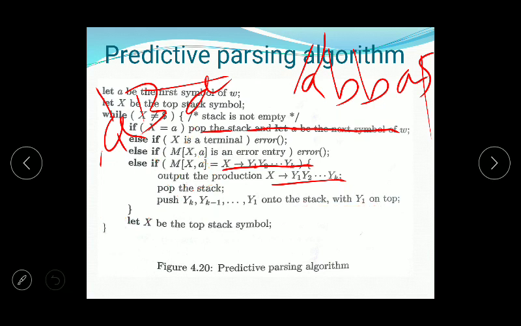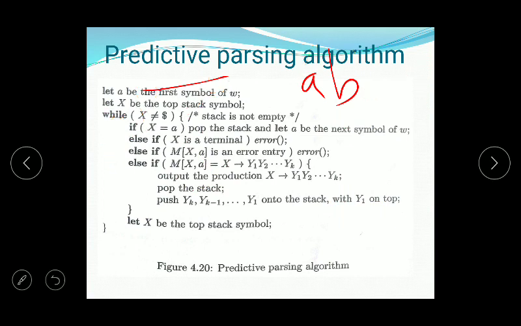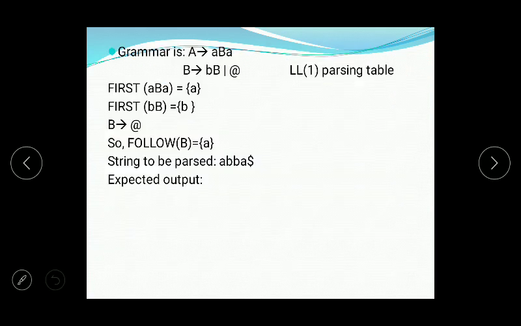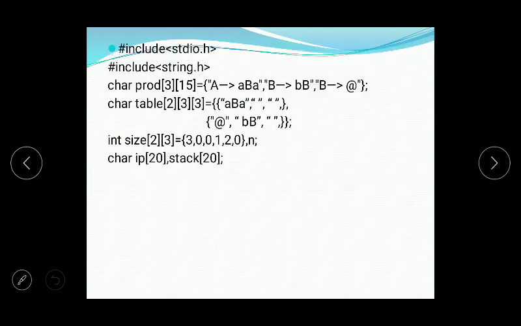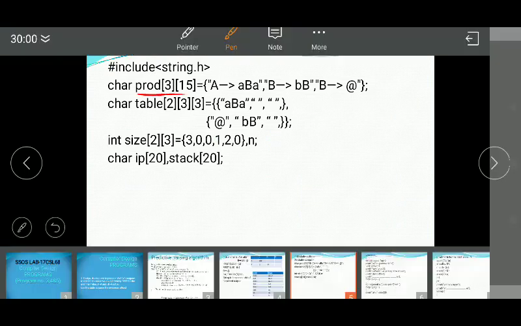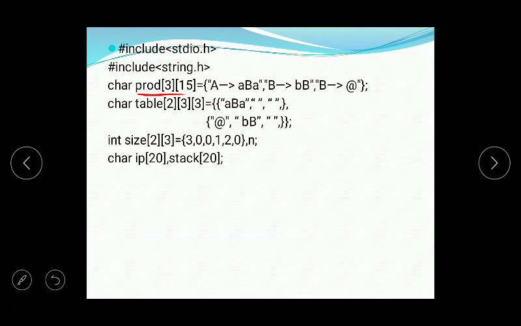Now let us consider the program implementation. Header files, required header files. Then there is a 2-dimensional array production to have the different productions, first, second and third production. Then a 3-dimensional array table with the contents, that is ABA.